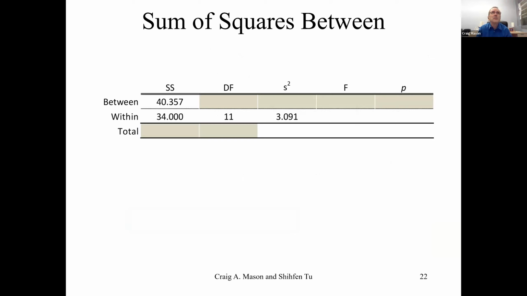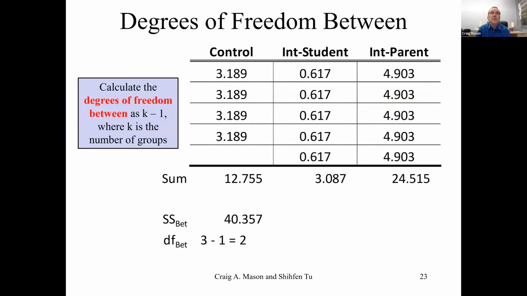So we come back to our ANOVA table. We enter 40.357 in the sum of squares between slot. We need the degrees of freedom between, right? And the degrees of freedom between is how many groups there are minus 1, because we're looking at the variability between the groups. So it's the number of groups, k minus 1.